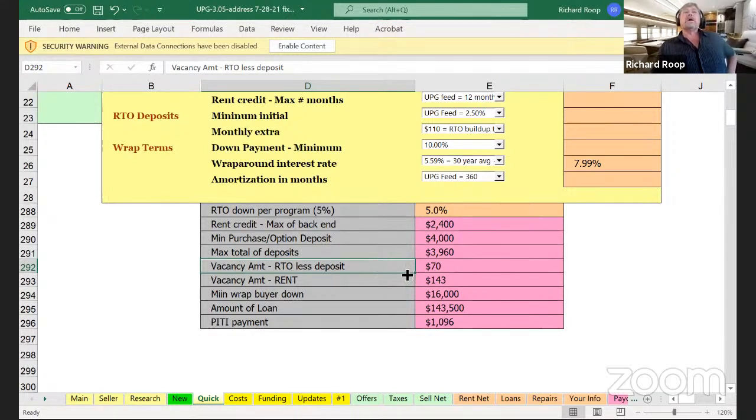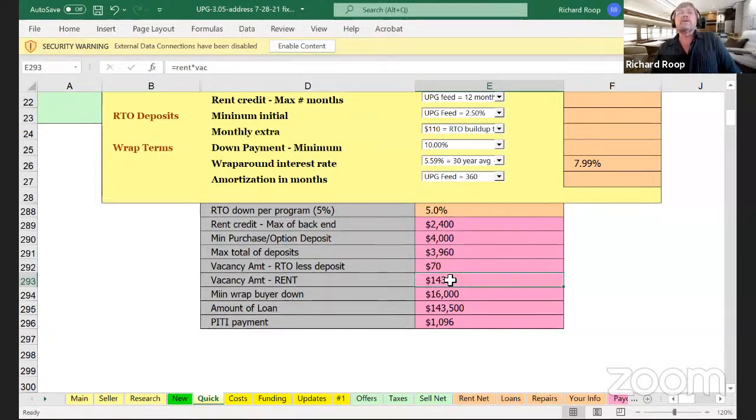The vacancy rate here, it's calculating that we want to put an additional $70 aside. We got the 110 coming in, so we want another $70 to put aside for vacancies, repairs, and maintenance. That's coming off our net income.